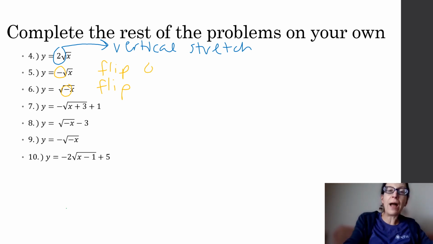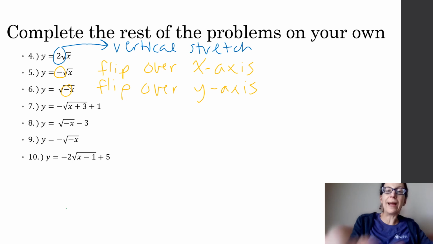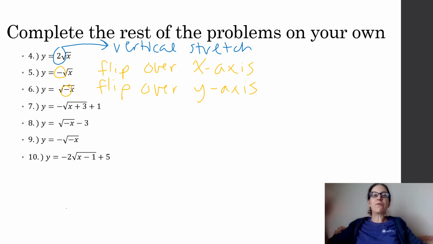So for number 5, you do need to specify that that's a flip over the x-axis, and that number 6 is a flip over the y-axis. If you wrote up, down flip or left, right flip, it's not necessarily wrong, but I do want you to make sure that you get in your notes the right verbiage for describing that.